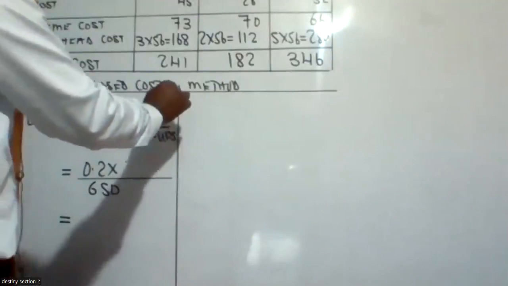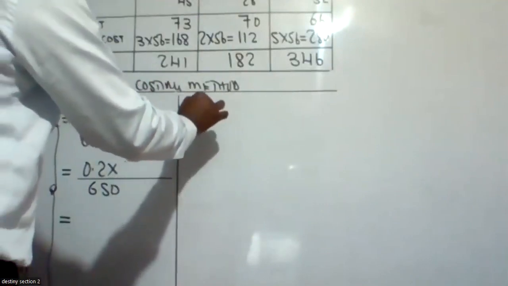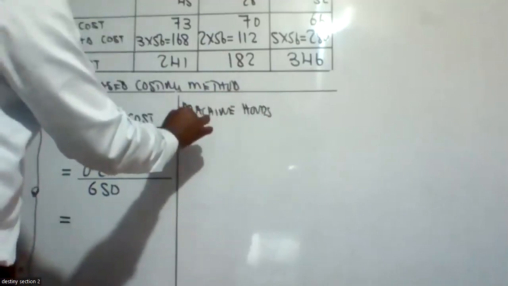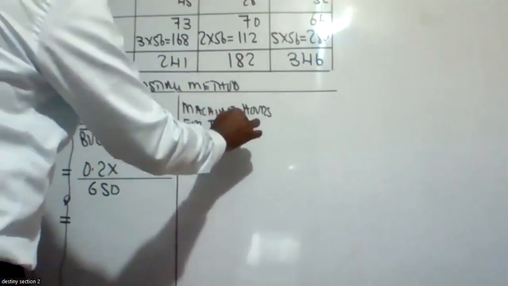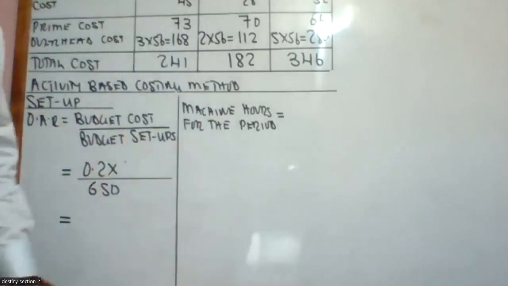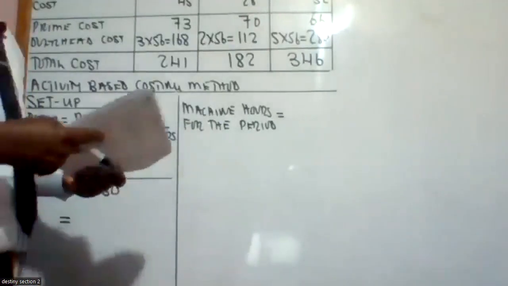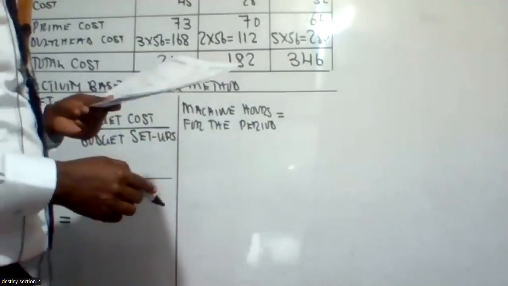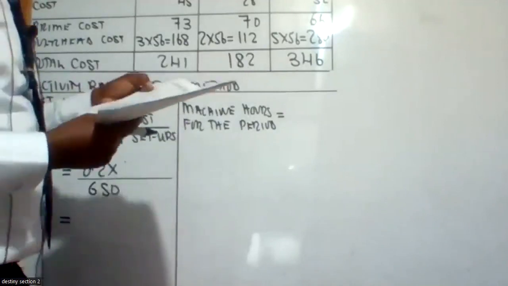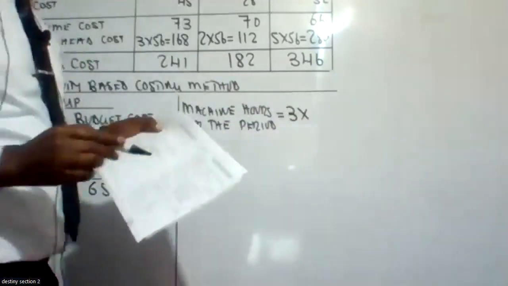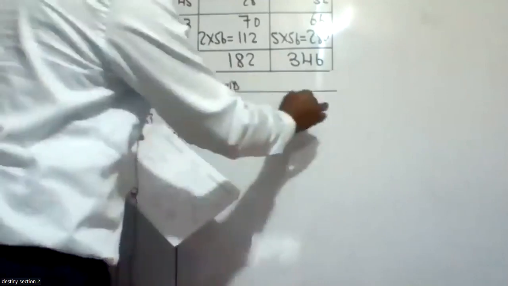Below it I want us to compute machine hours for the period. I want us to compute that so that I show you how to get those costs. We are going to argue like this. You can see up there, product A is taking 3 hours, and we produced 1,500 units.